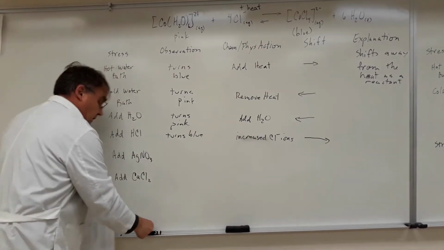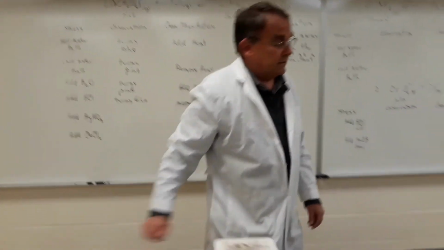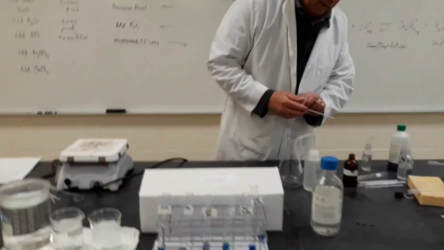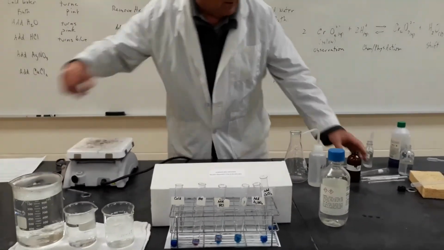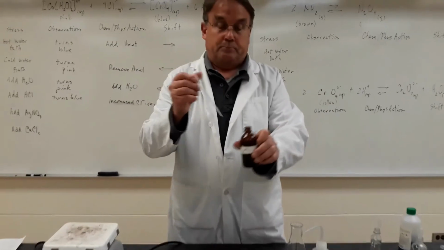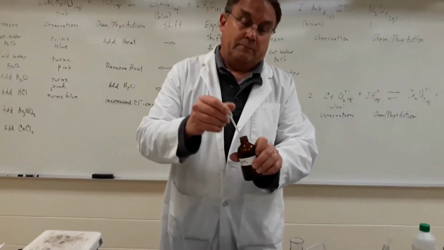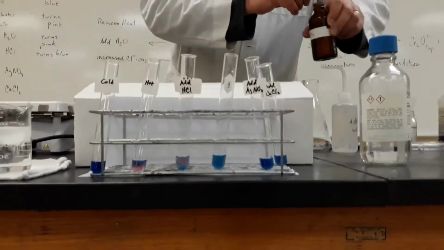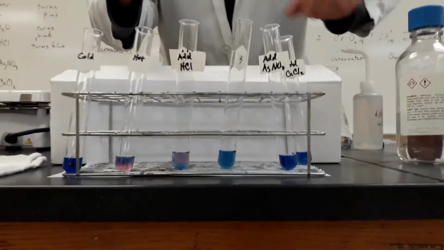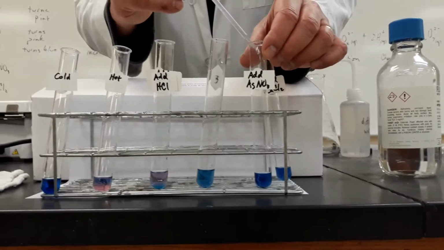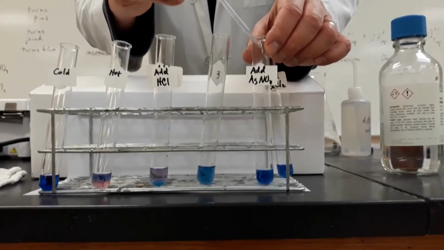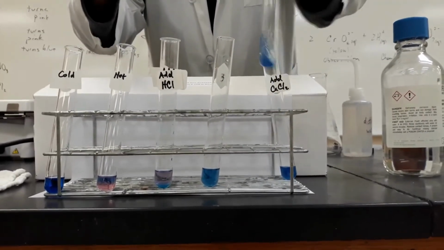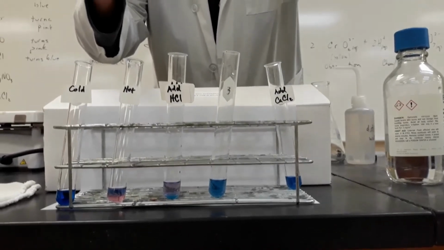Okay, the next stress is to add nitric acid, or silver nitrate. This one's kind of funky. So again, I'll add them drop by drop. And you see a couple things happen.